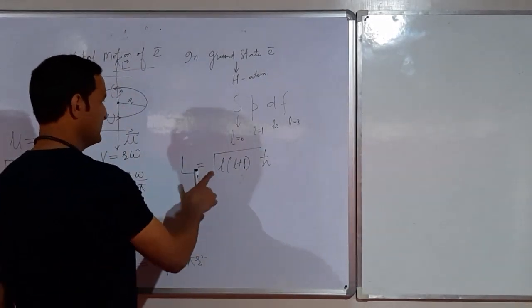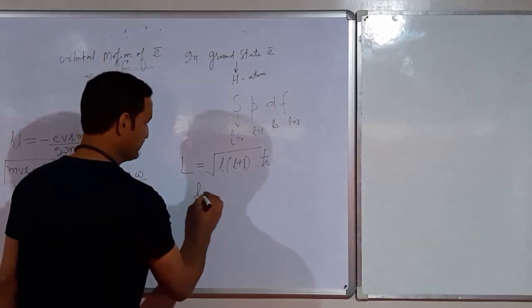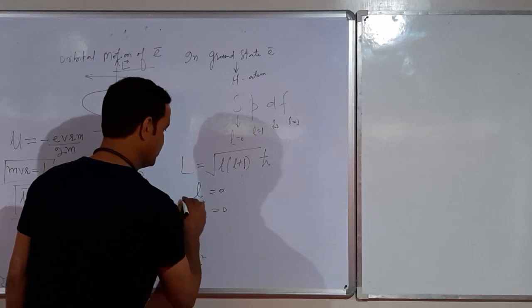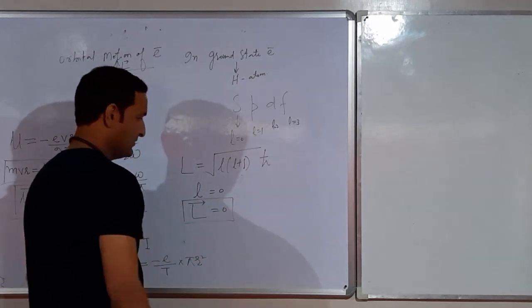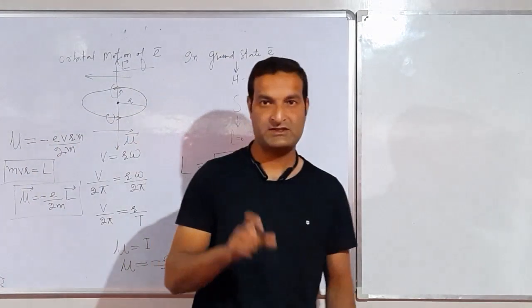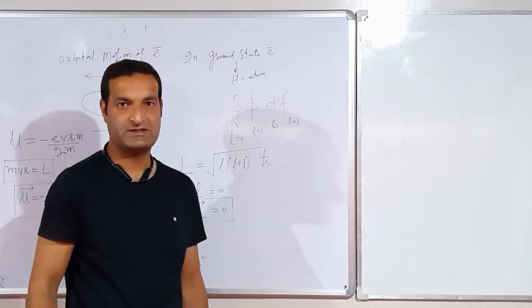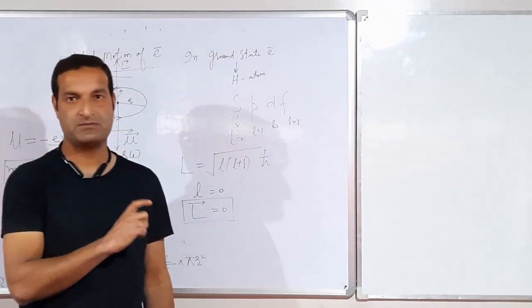So if l is equal to 0, then the orbital angular momentum will be equal to 0. So there is no magnetic moment associated with this, because the orbital angular momentum becomes 0.